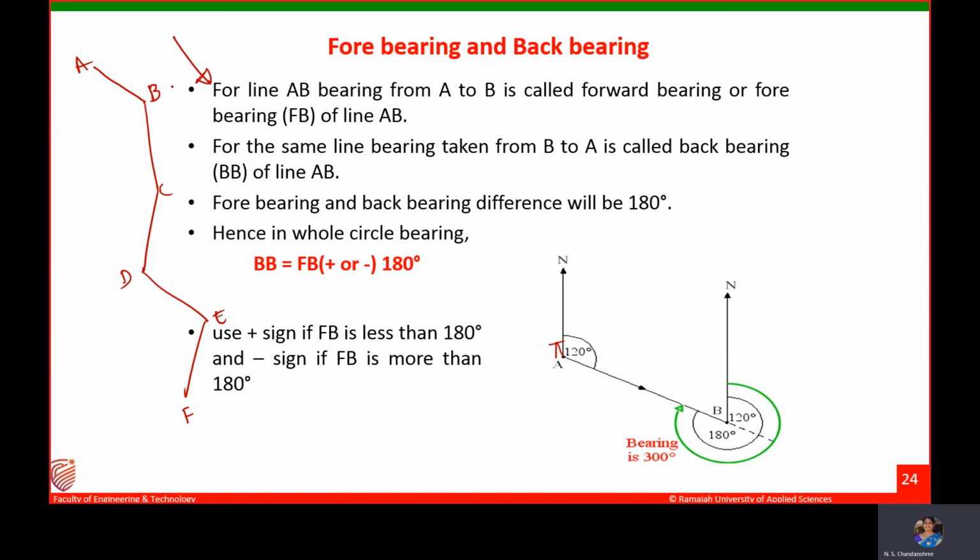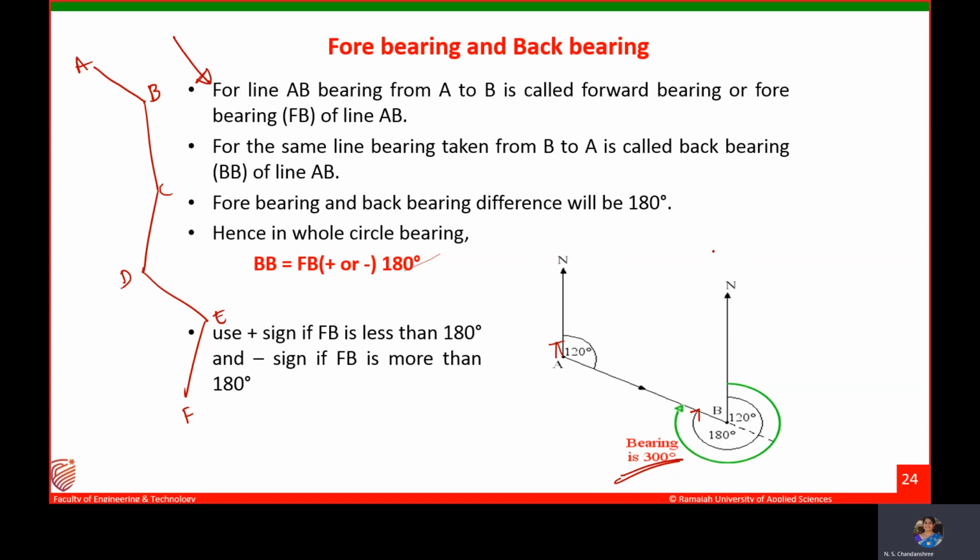Because these are straight lines, the difference between forebearing and back bearing will be exactly 180 degrees. So if you get the reading of 120 here, then when you set up the instrument at point B and the ranging rod at point A and take the reading, your compass still measures from north only. So the reading that you will get is 300 degrees.